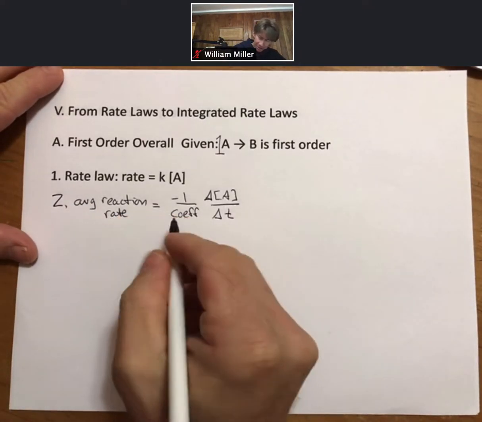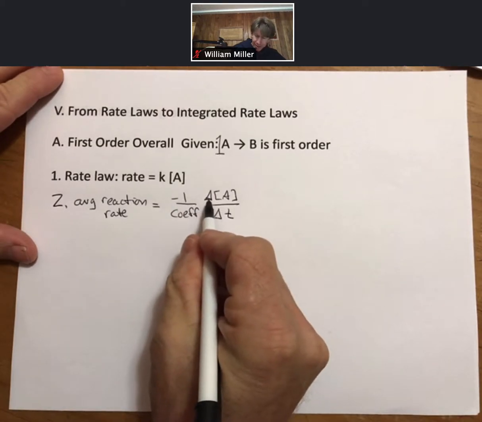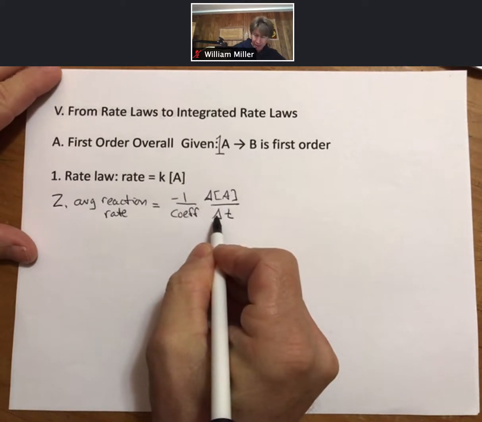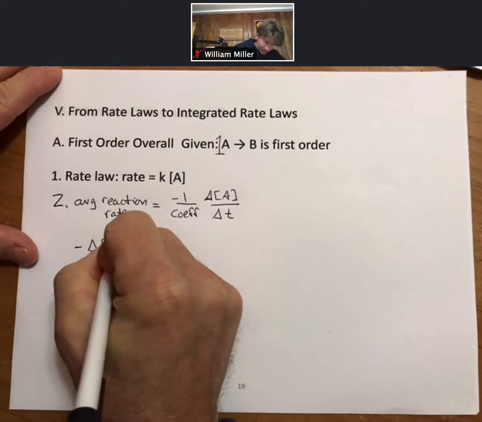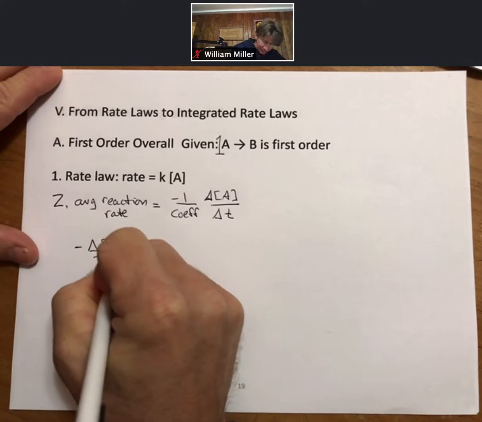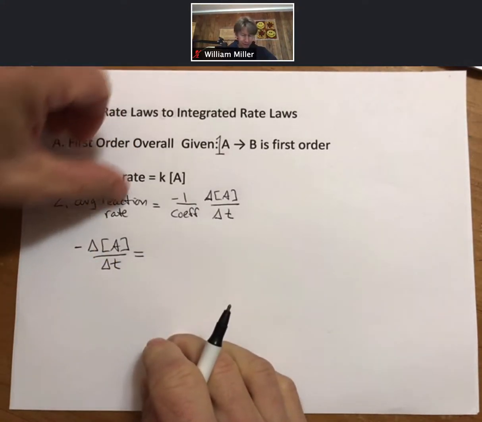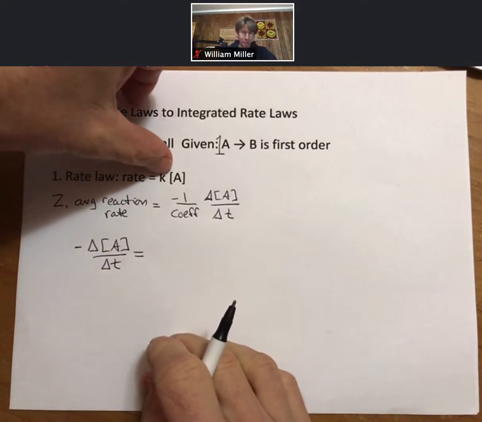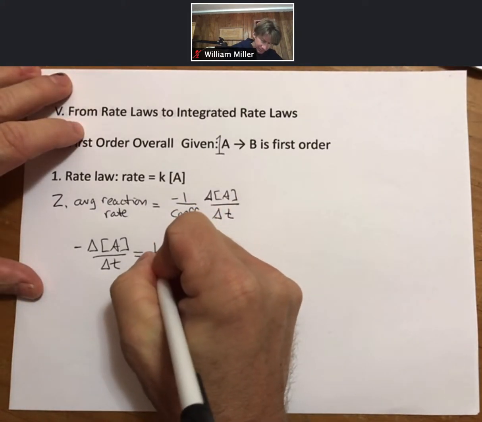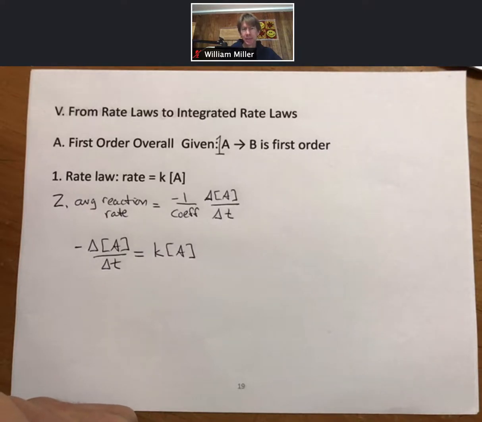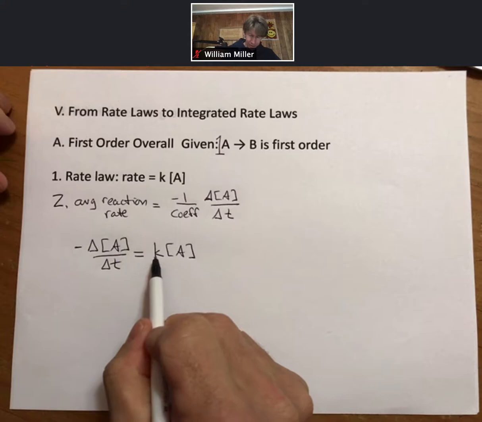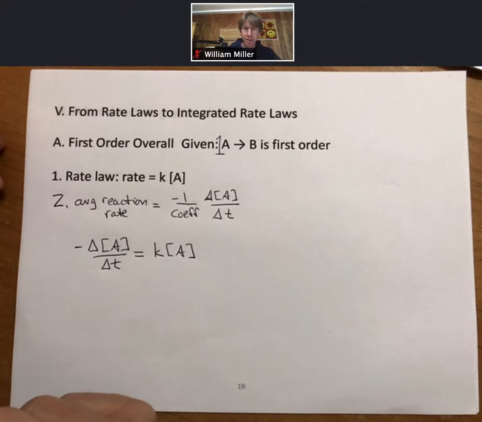So this is just going to become minus delta concentration of A over delta t. That's going to be the rate part, and it's going to be equal to the rate constant times concentration of A.